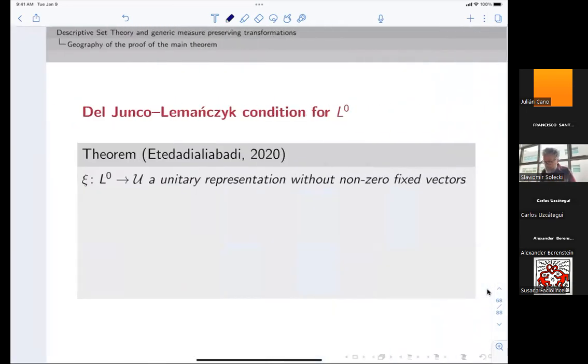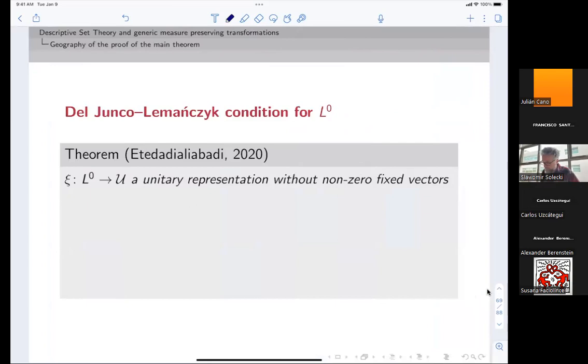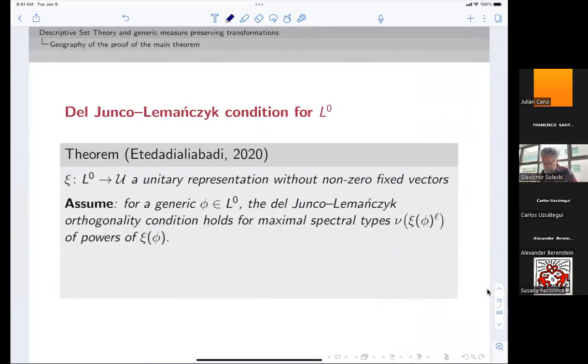Okay, so the Del Junco-Lemańczyk condition for L0 was done by my student Etedadi Aliabadi. He looked at an arbitrary non-trivial unitary representation of L0. These proofs are descriptive set theoretic in nature; this is some kind of a calculus of meagerness.